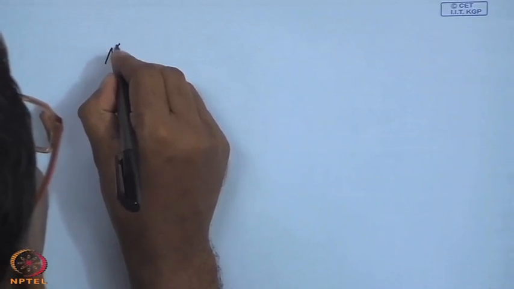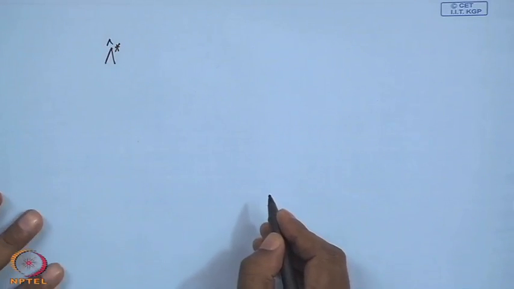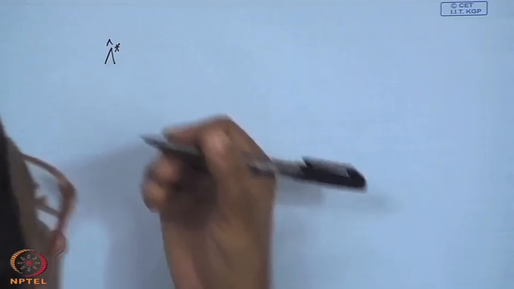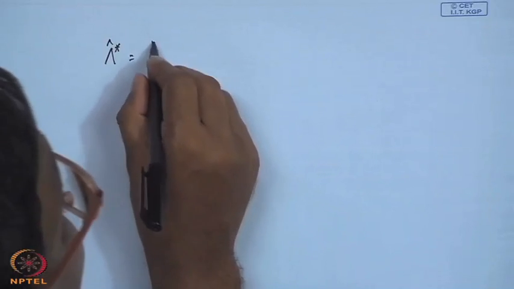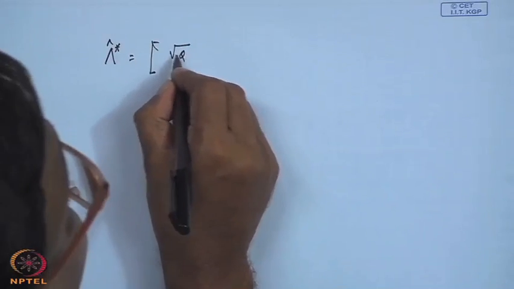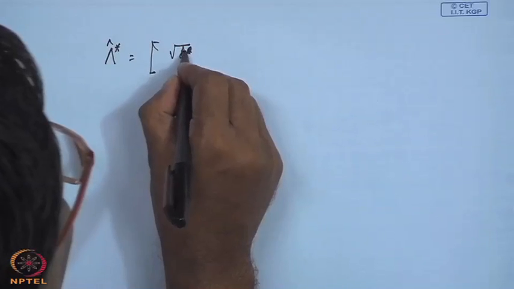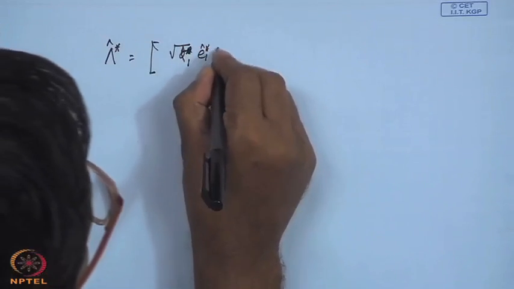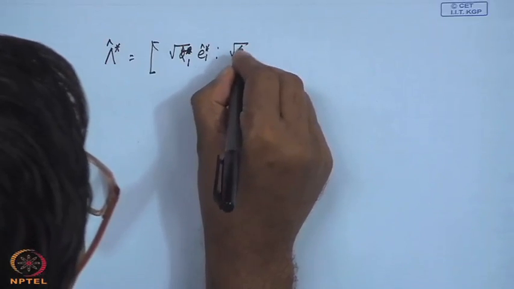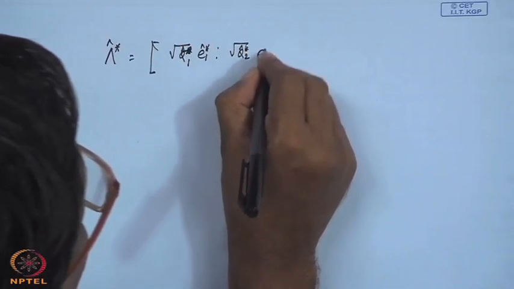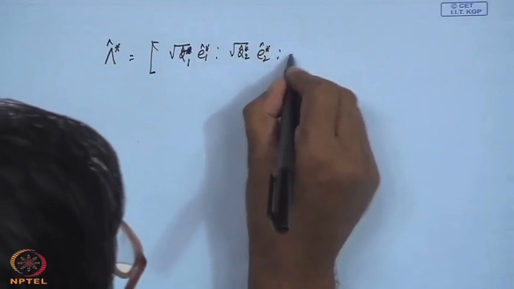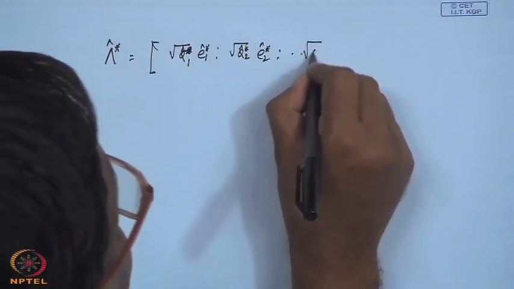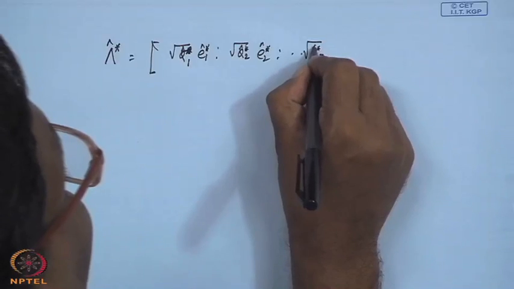So in this case, the lambda star estimate will be nothing but the root of q1 star estimate, e1 star estimate, root of q2 star estimate, e2 star estimate, and so on. How many are you interested in? Suppose qm star estimate.